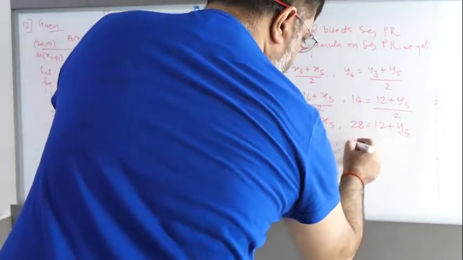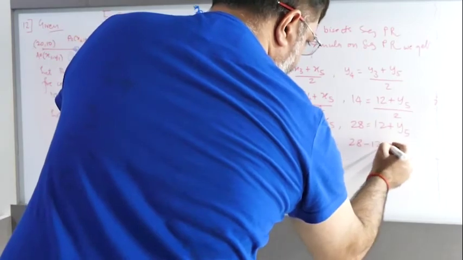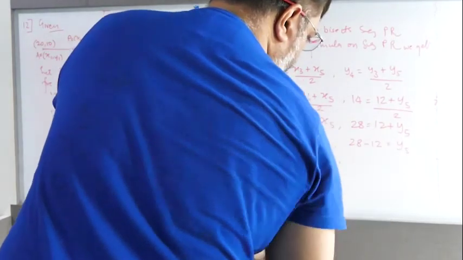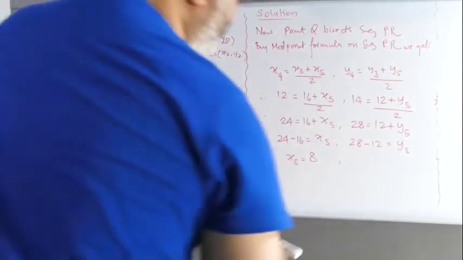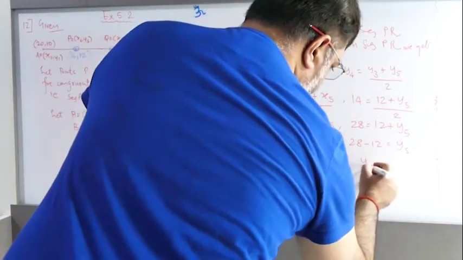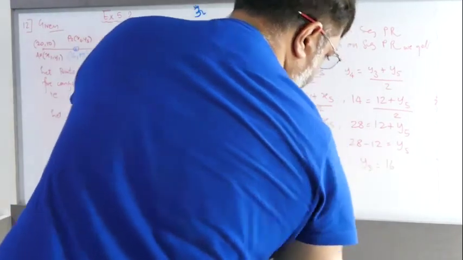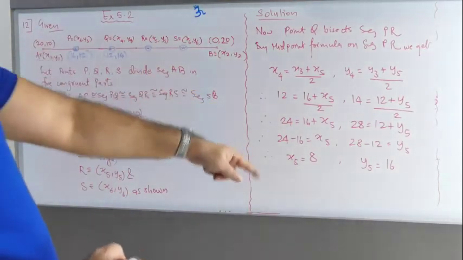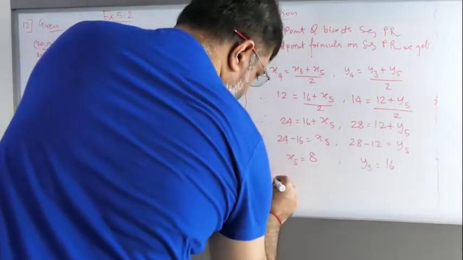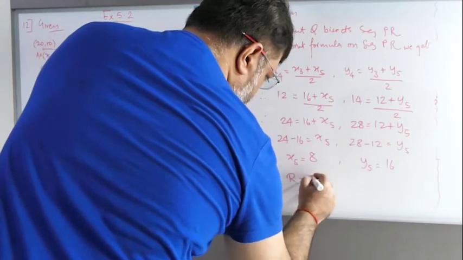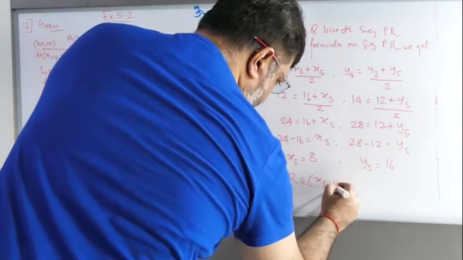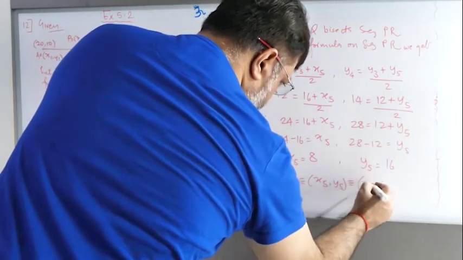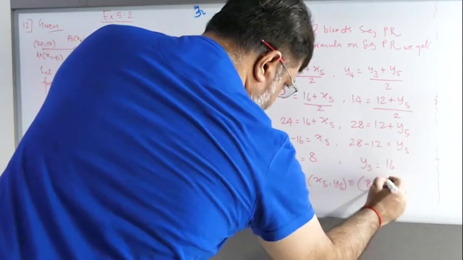Same way here, 28 minus 12 is equal to y5, and you get 16. So y5 is equal to 16. With x5, y5, you have got the coordinates of R. So R is equal to (x5, y5), which is (8, 16).